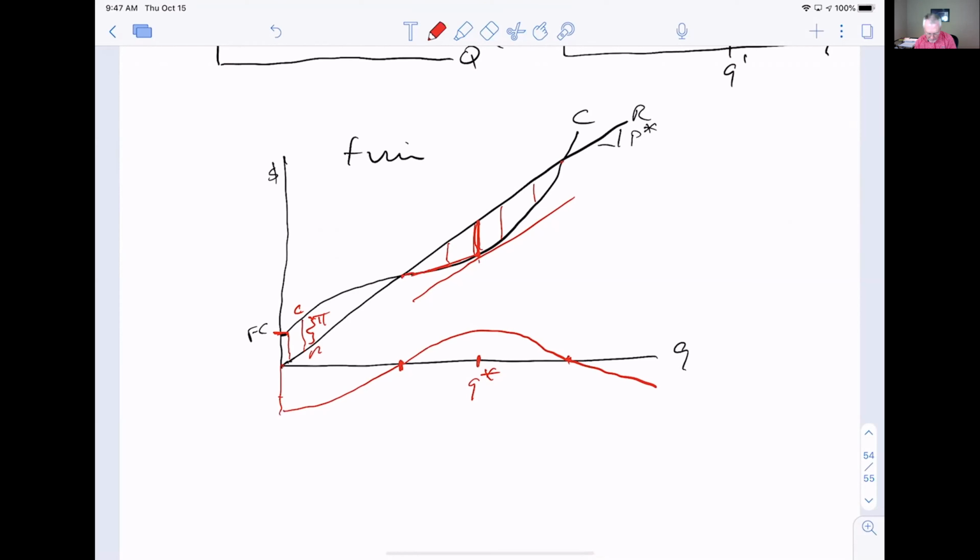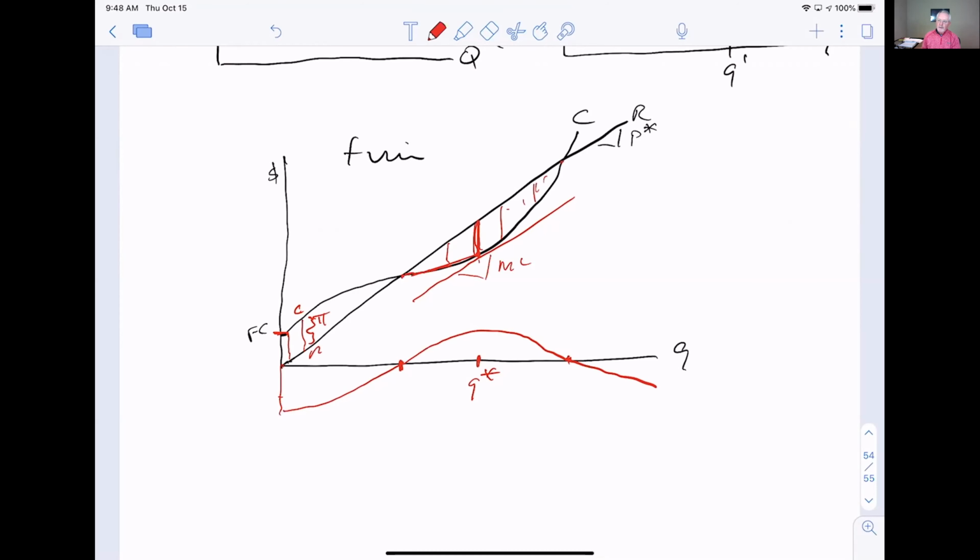So marginal cost here is equal to the slope of the revenue curve, which is P. And then after I go past that point, marginal cost is increasing, or the cost curve is getting steeper than the revenue curve. So this vertical distance is decreasing. The slope of this curve is marginal cost. The slope of this curve is price.